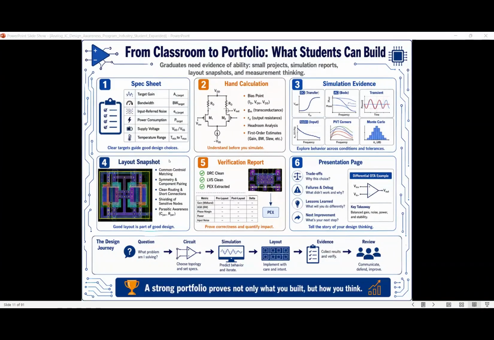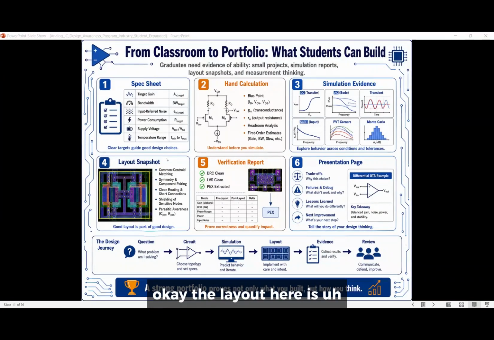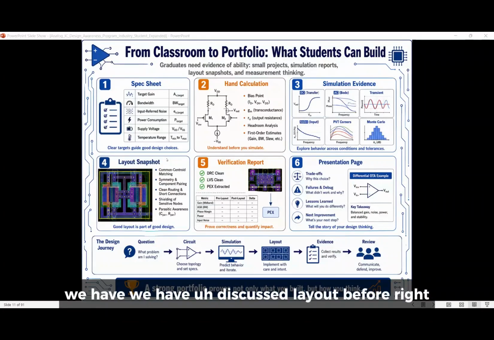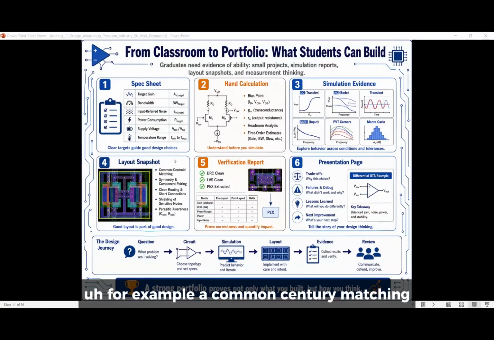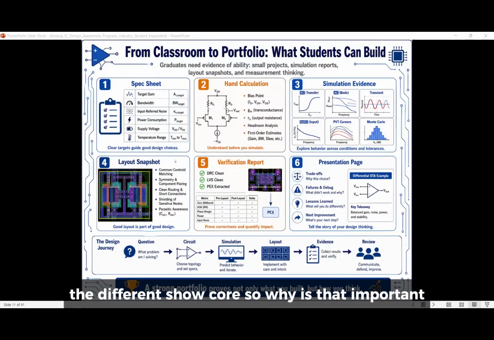It's safe. Okay, so next one is the layout snapshot. The layout, we have discussed before, but we have to study it a lot. For example, common centroid matching for designing the differential amplifier, to keep the matching between the differential pair. So why is that important?